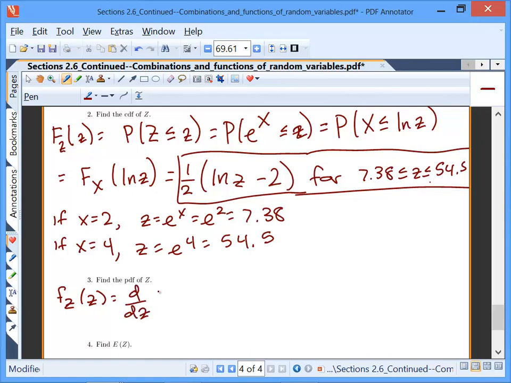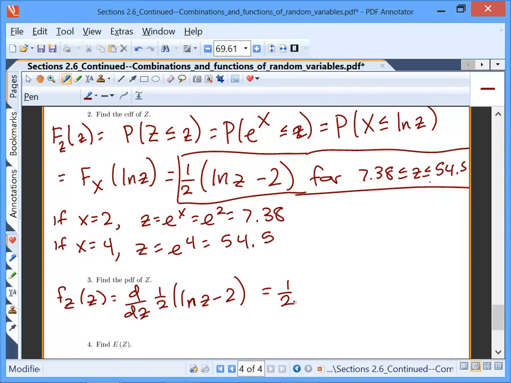My CDF is 1/2 natural log of z minus 2. Let's see.